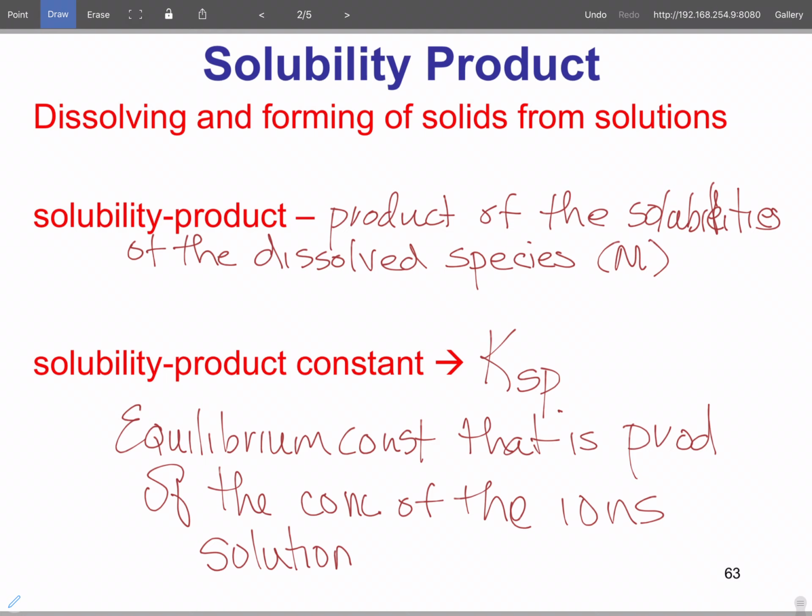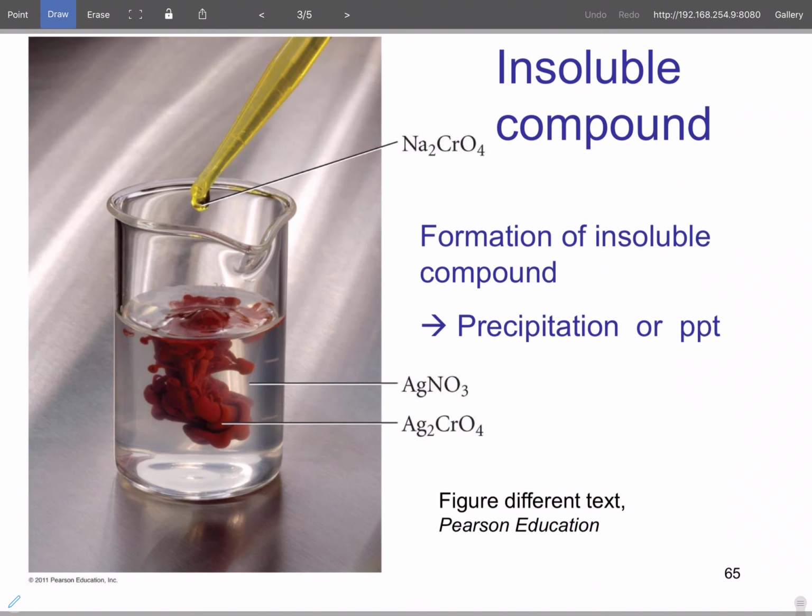Okay, so these are the definitions. It's the equilibrium associated with precipitate formation. So here we go, an insoluble compound. This one is silver chromate that forms. It is a solid that forms, and the solid is the insoluble compound.